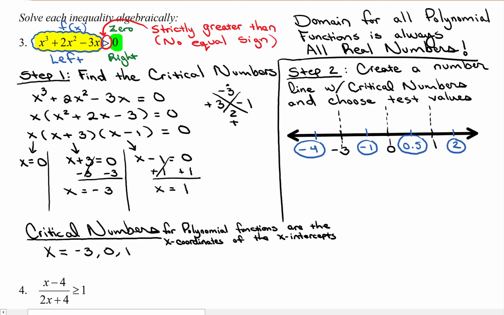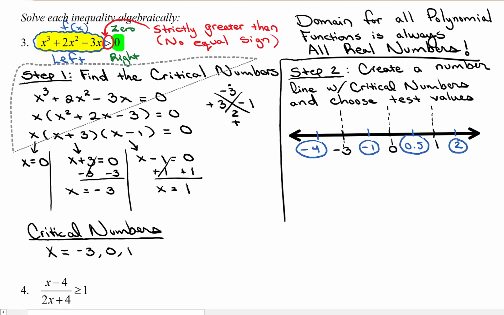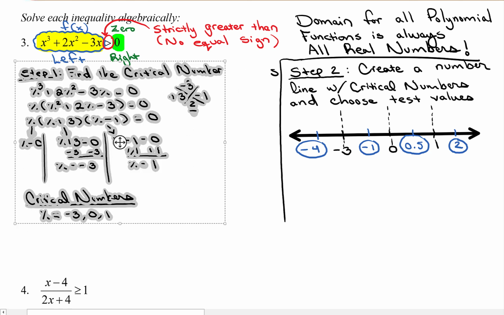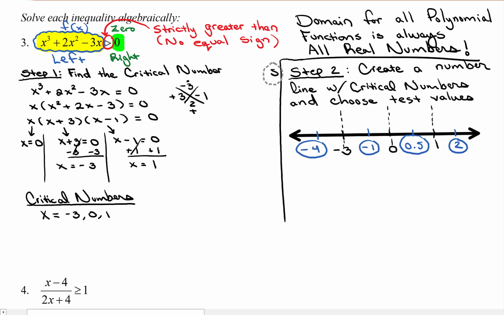Now we're going to take each one of these numbers and substitute it into the inequality. You could use the original inequality. You could use the inequality that was partially factored out. Or you could use the one that's the most factored out. It's your choice. I'm just going to make this a little smaller so I have more space. As for me, I think I'm going to use the inequality that is fully factored out.